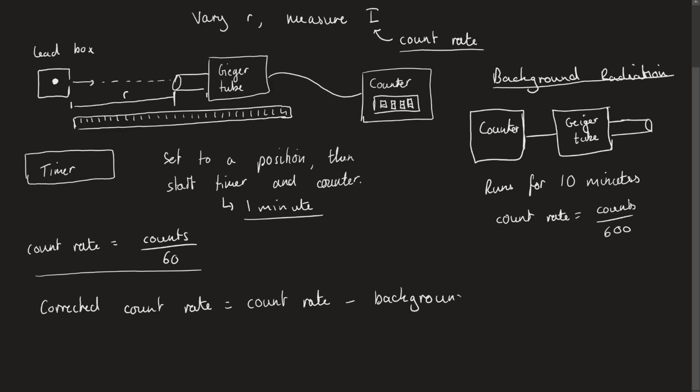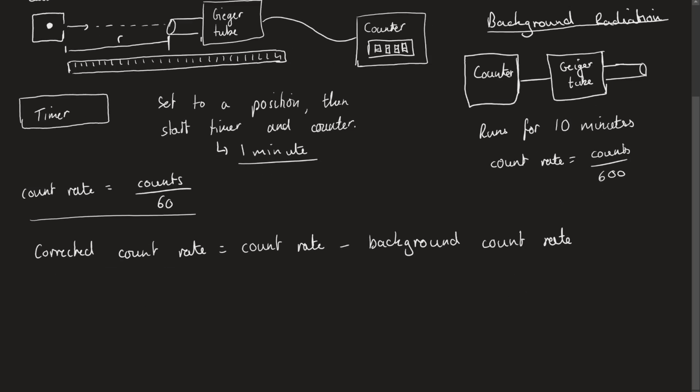That means I'm taking all of the radiation that I've received and getting rid of anything that's due to background radiation, so I can narrow it down to just the gamma radiation that's coming out of this radioactive source in this lead box.